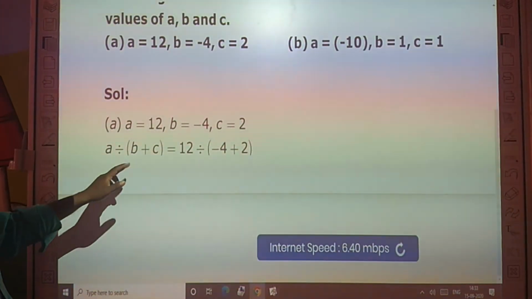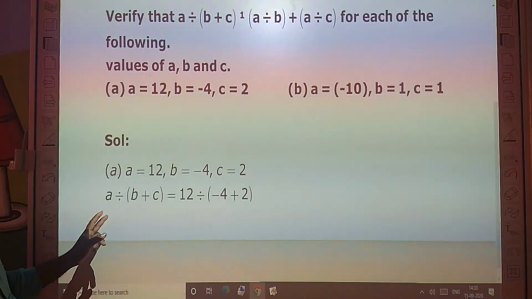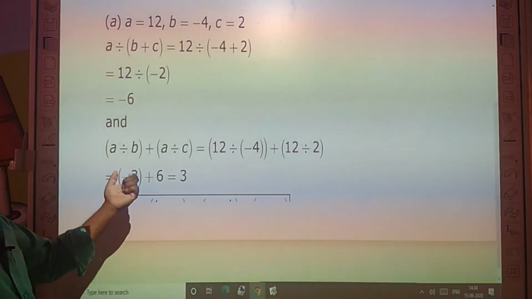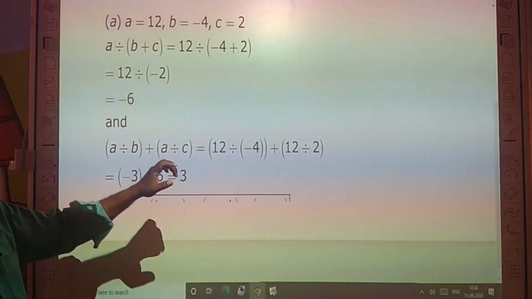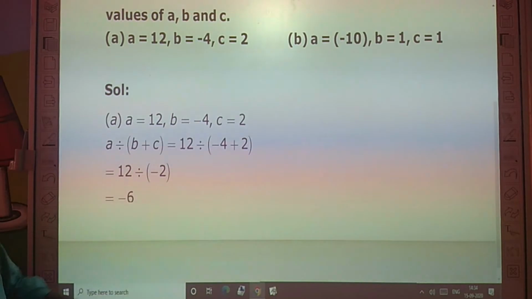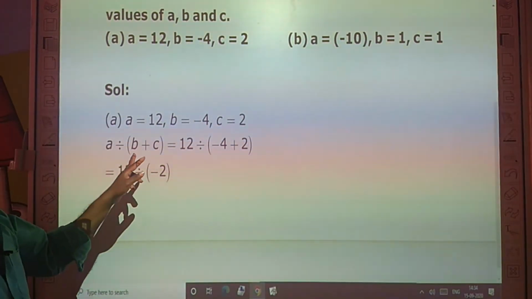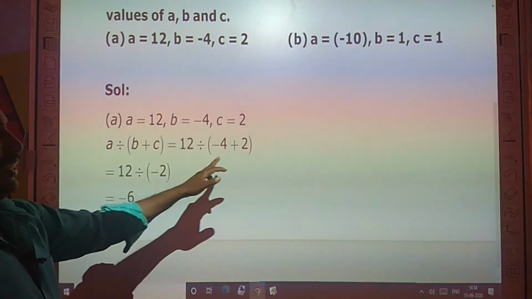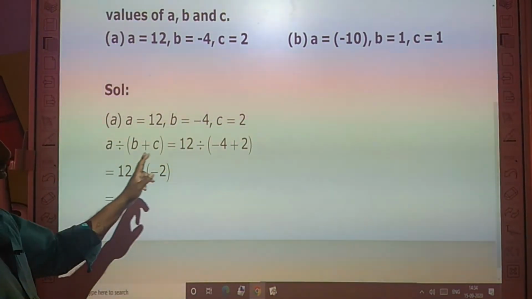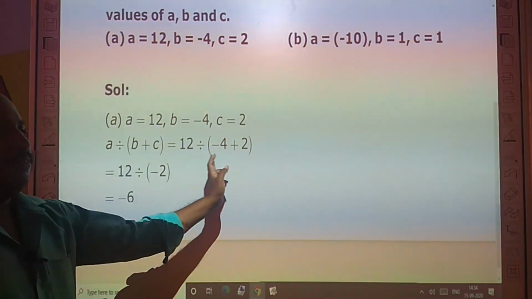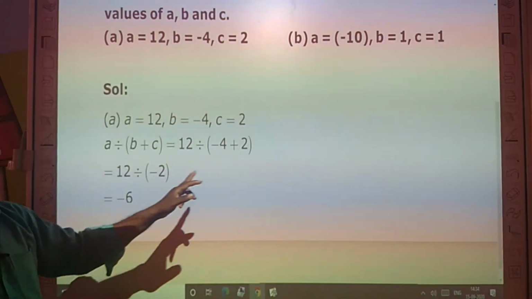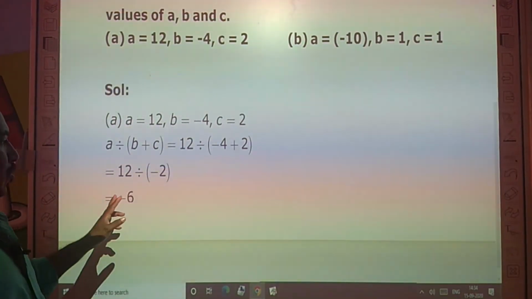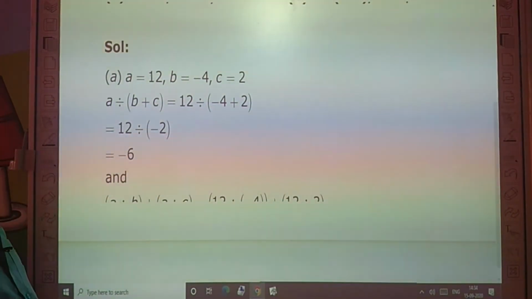First we solve the LHS, A divided by (B plus C). 12 divided by (minus 4 plus 2). Minus 4 plus 2 is equal to minus 2. So 12 divided by minus 2 is equal to minus 6.